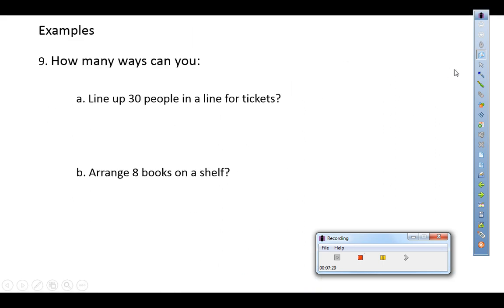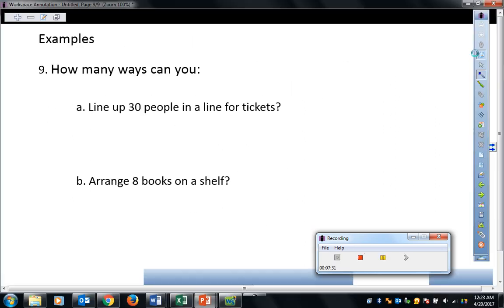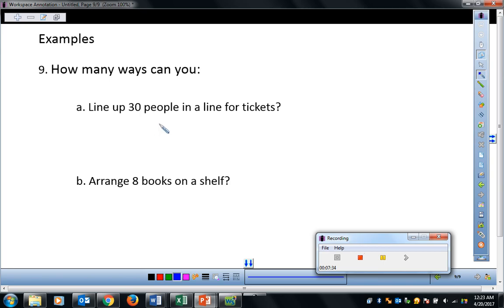So let's look at an example real quick. If you line up 30 people in a line for tickets, you have 30. You're lining all 30 up. So I'm going to take 30 factorial over 30 minus 30 factorial. So again, I'm lining every single one of them up. This ends up being just 30 factorial.